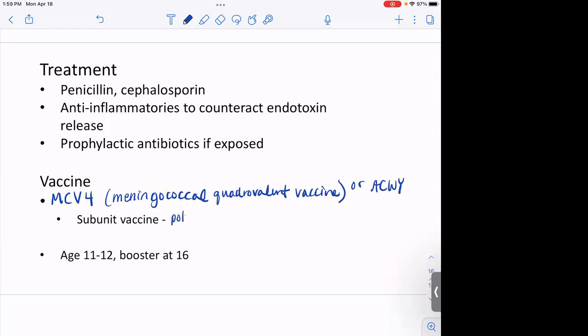Okay, so they've taken part of that polysaccharide capsule and they have attached it to protein to make it more immunogenic. Okay, so we'll say for improved antigenicity.